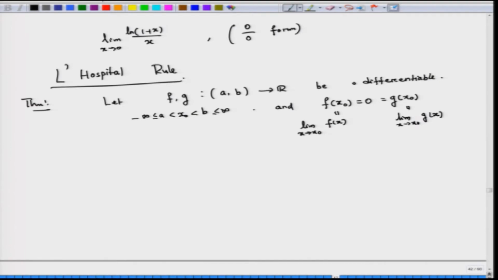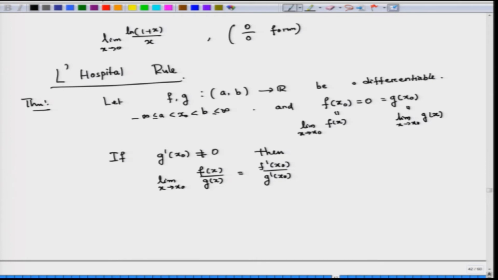Because the logarithm we are defining for arguments greater than 0. So, now if g prime at x naught is not equal to 0, then I can just put it as: the limit of f of x by g of x is equal to f prime at x naught by g prime at x naught.